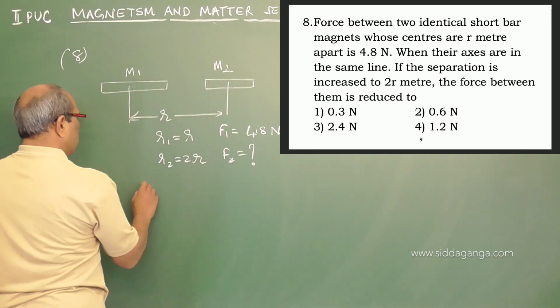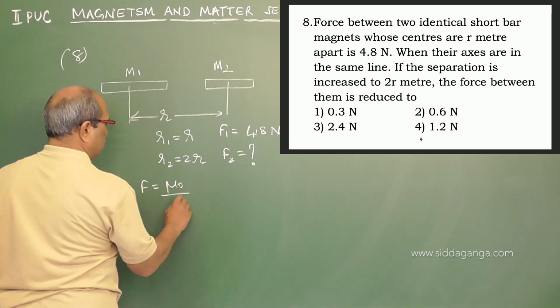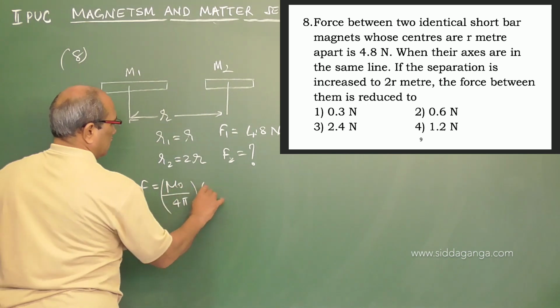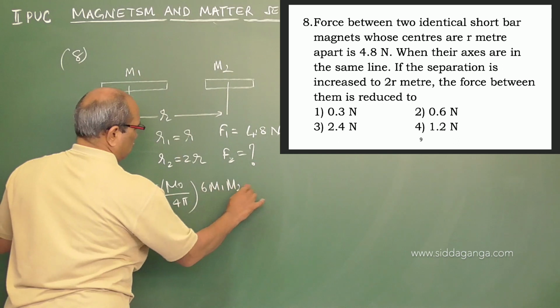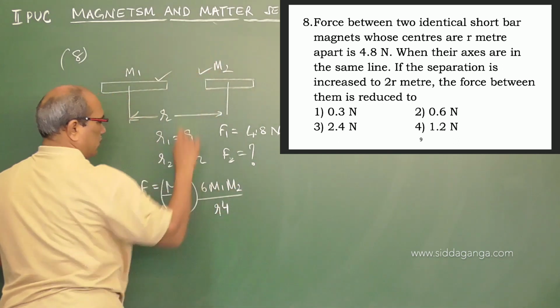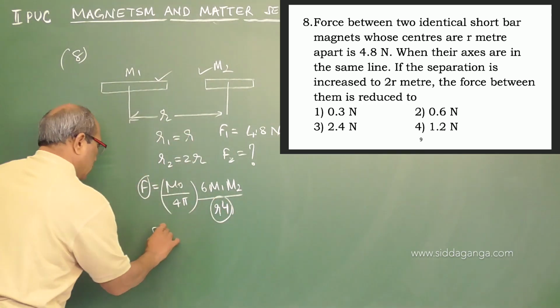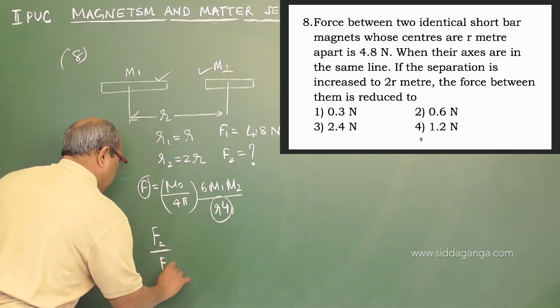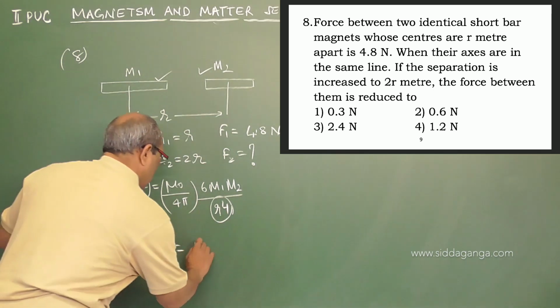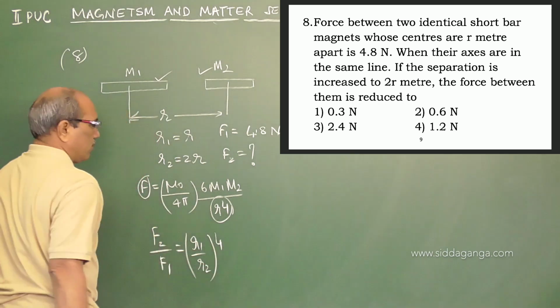I explained that the force between the bar magnets is given by the equation mu naught upon 4 pi times 6 m1 m2 by r to the power 4. The magnets are the same, only r changed. Therefore, I can write F2 by F1 equal to (r1 by r2) to the power of 4.